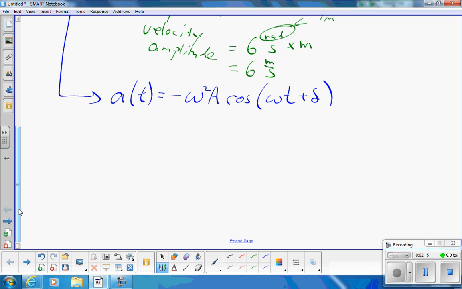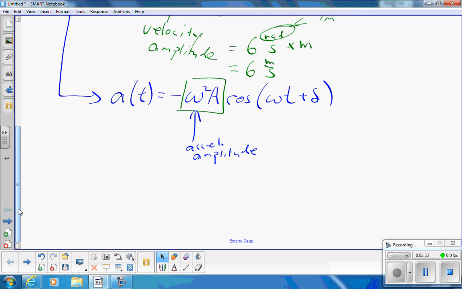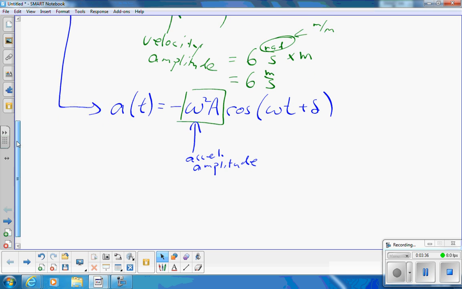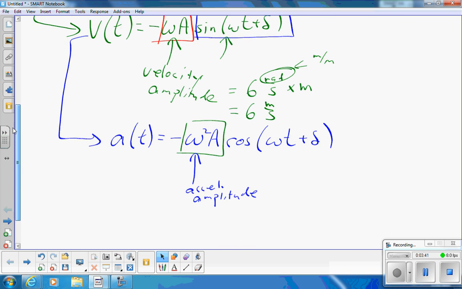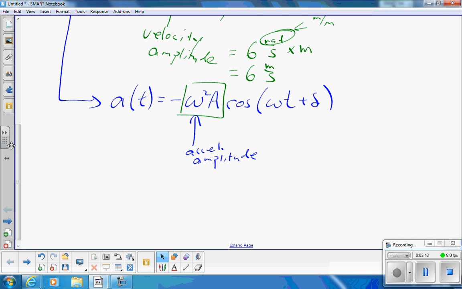The value inside the green box is the acceleration amplitude, the maximum acceleration you can ever get for this oscillating thing. So if they ask you for the maximum velocity or the maximum acceleration, that's where you find them: the coefficients of the trig part of the velocity and acceleration functions. That's tidbit number 1.